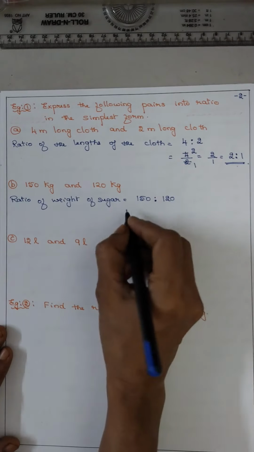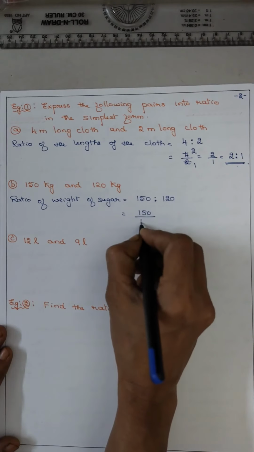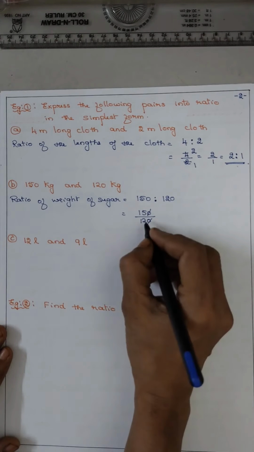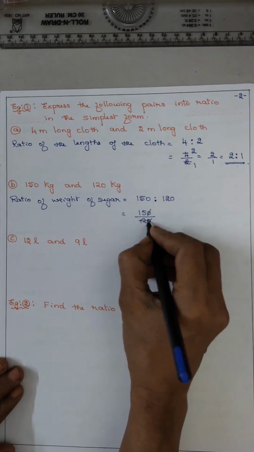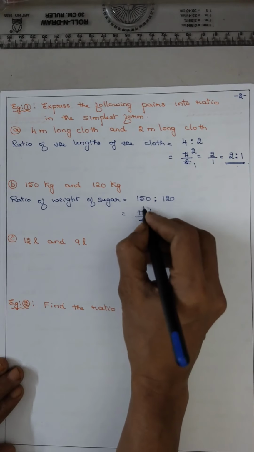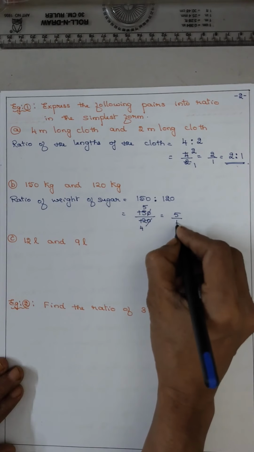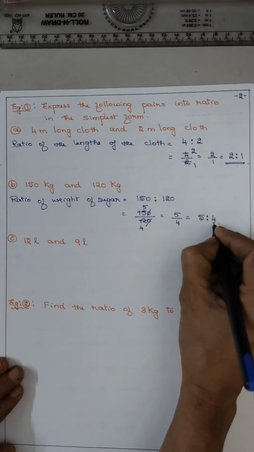So 120. Write in the fractional form 150/120. First cancel 0. Now 12 and 15, they are the multiples of 3. 3 4s are 12, 3 5s are 15. So you got 5/4. Ratio form is 5:4.